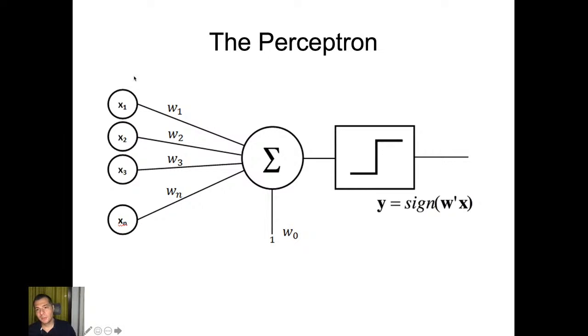It has some input vector x, and some weights assigned to the input vector. We also have a bias term, which is modeled with a different weight, and these are summed up together. We also have the sign transfer function, which gives us the output.